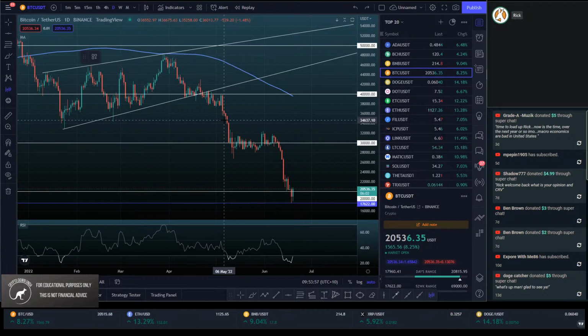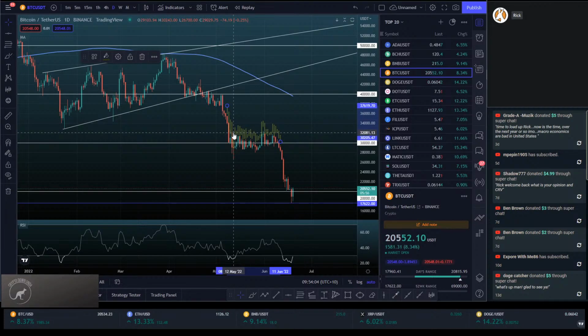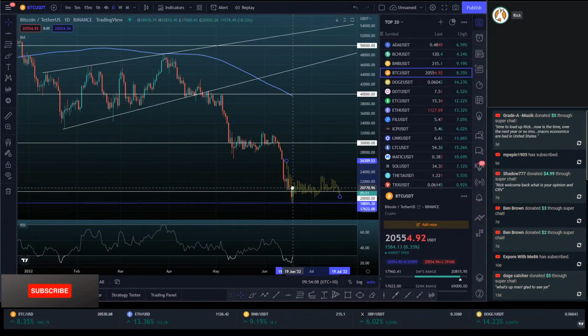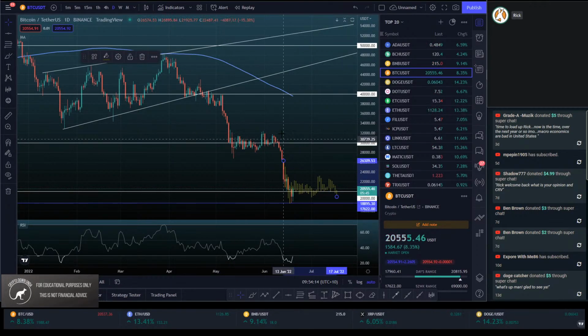Yeah, let's use this as an example. If we take it from here to here, that looks something like that, where it could kick around 20K for some time, just like it did with 30.